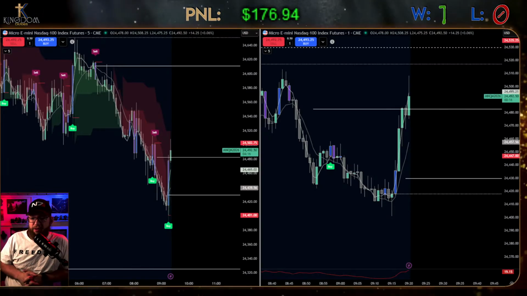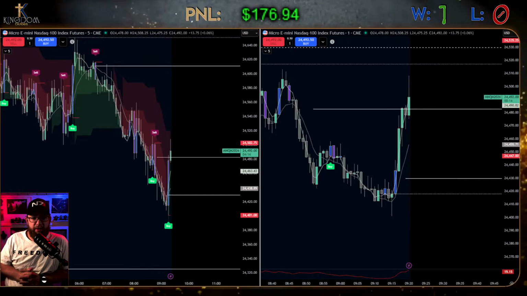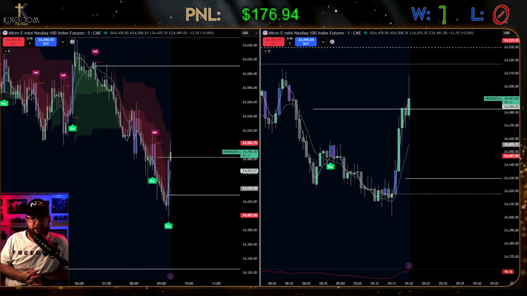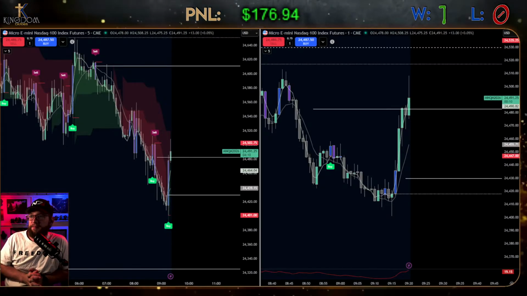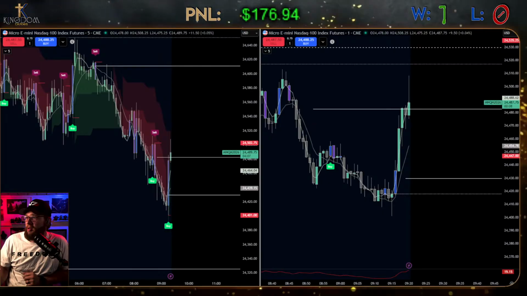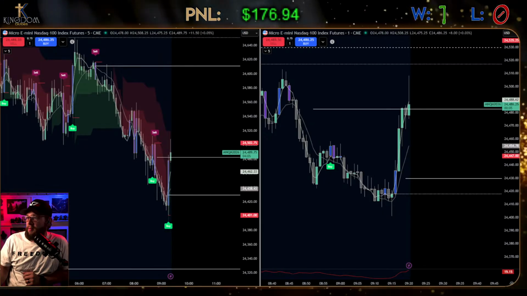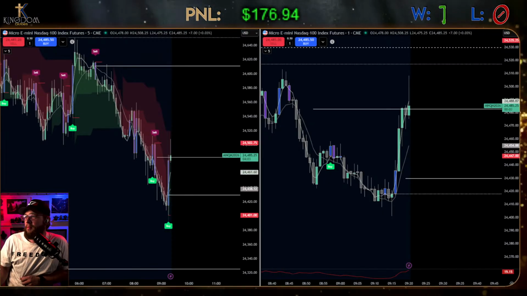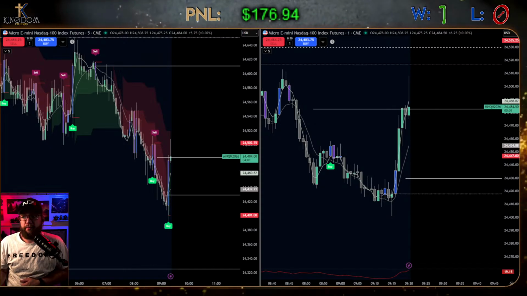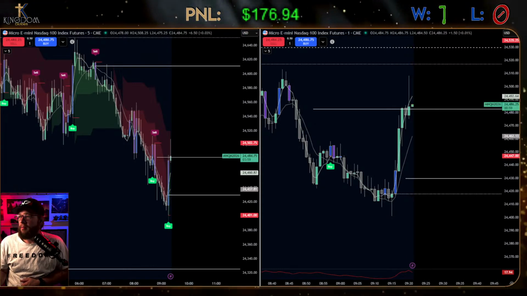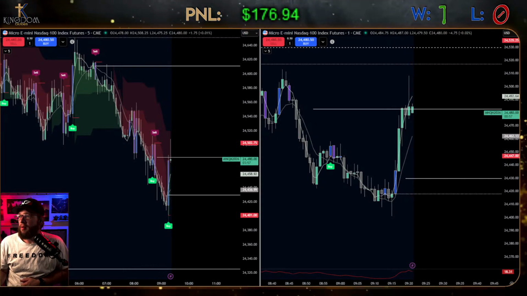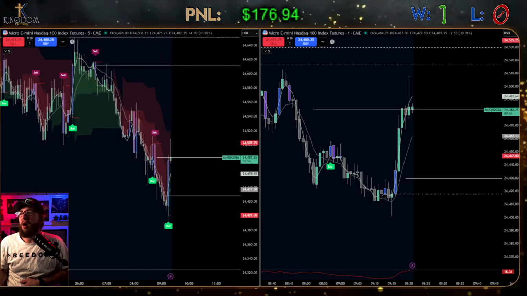Nice pre-market trade, almost right up to the top of that next trend line, that 15-minute trend line. Let's go ahead and back that up. Oh, I didn't turn the backtrack on.